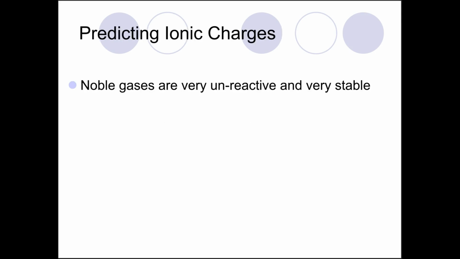Okay. So if we want to predict what charge an atom is going to have when it becomes an ion, we can do that. And the way we can do that is going to come from the idea of the noble gases, which are group 18, the very right-hand column on the periodic table. Those buddies are noble gases. Noble gases are unreactive and very stable, which means they don't form compounds or molecules.